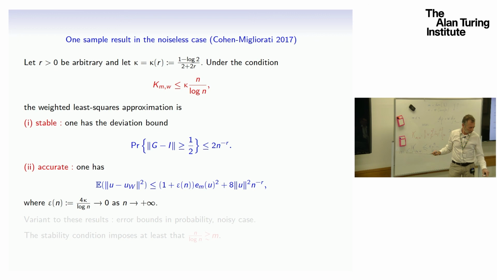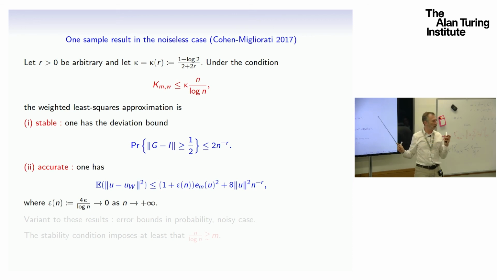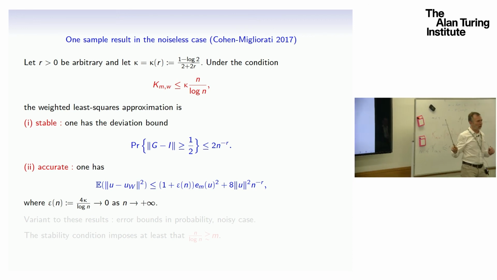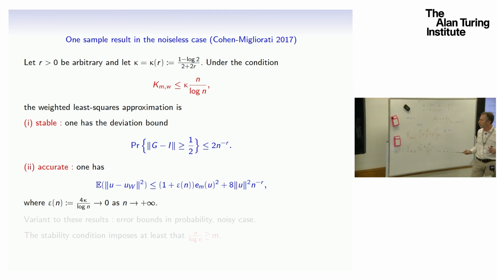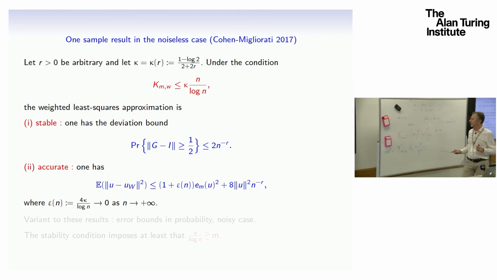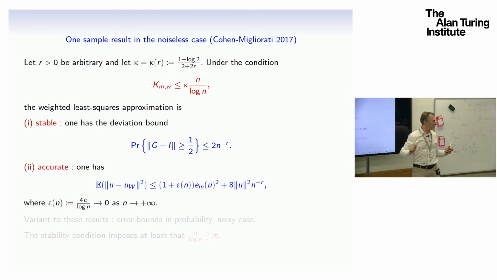So what does this mean exactly? It means that this condition is describing the regime under which you have what you want. And this is getting quite demanding if this quantity K_m,w is much larger than m.